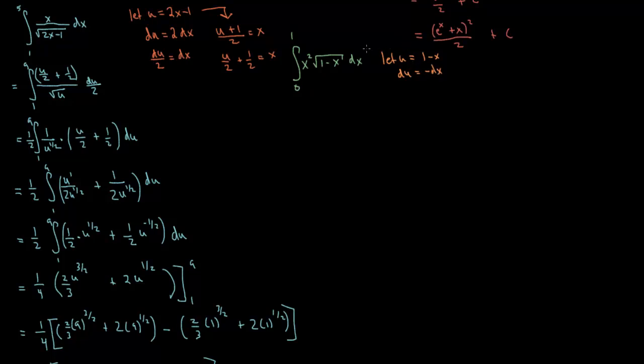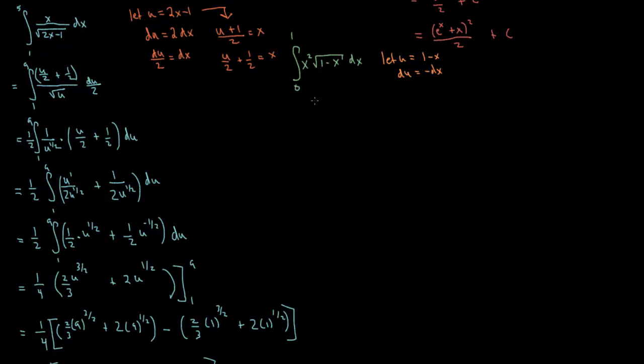And so we start replacing things, and we quickly run into a dead end. We get the square root of u, then dx would be negative du, so negative du, but then we have an x squared over here. So that's a little strange.